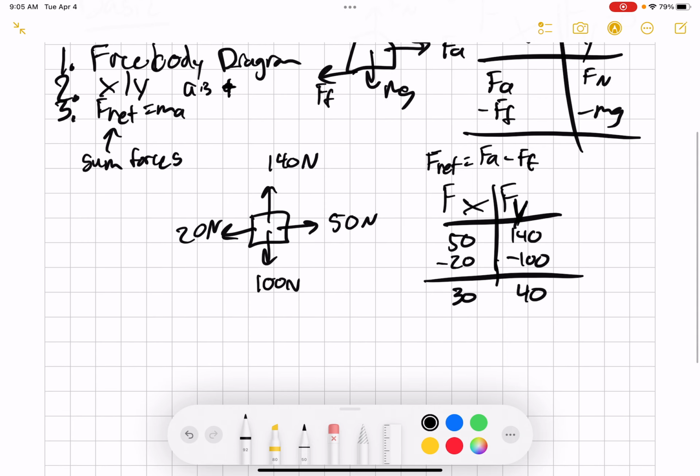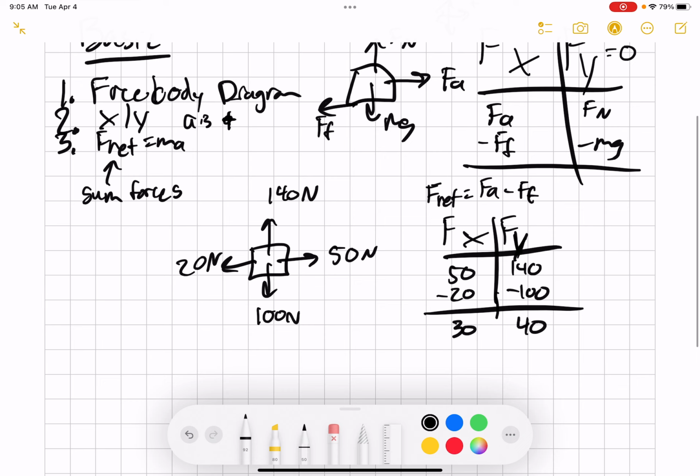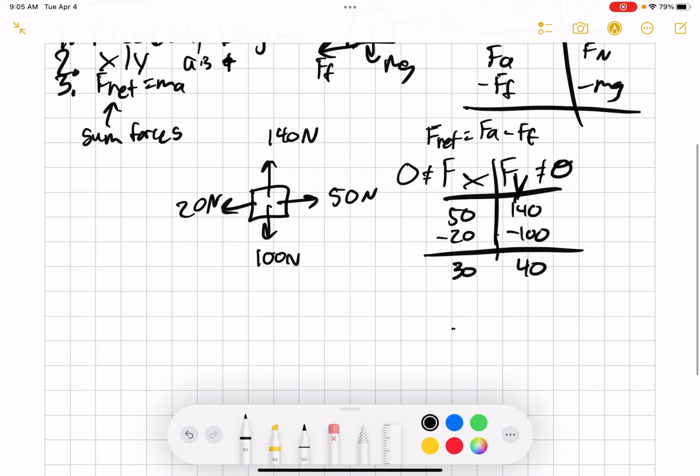Now you notice in this example, unlike the first example, we know that neither one of these is equal to 0, right? Both of these give us a number. Okay, so what that means is I have something that looks like this. I have my box, I have one force that's this way. Let me just redraw this. I have one force that's this way, that is 30, and then I have one force that's up, and I need to find Fnet, right?